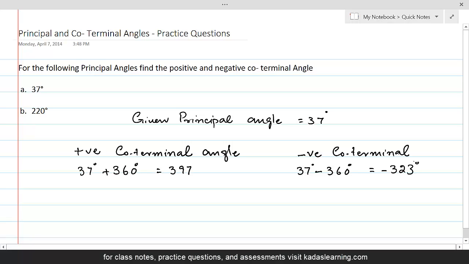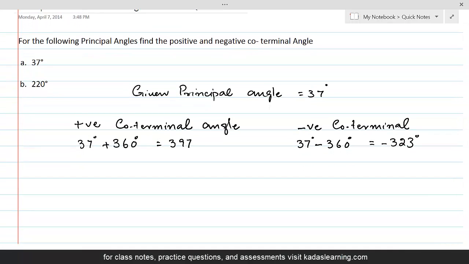This will be the negative coterminal angle. We can find as many coterminals on the positive side as well as on the negative side, but we are just answering this question with one positive coterminal and one negative coterminal angle. Let's do the next question.